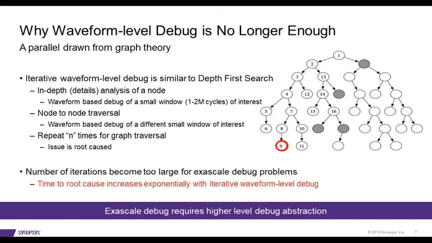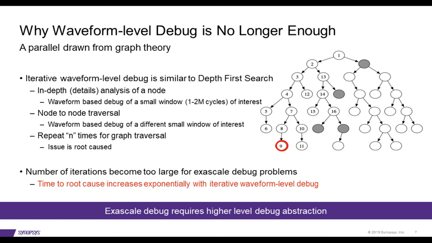So let's look at this problem from a totally different angle. As I was describing on the previous slide, we are trying to debug a problem in exascale space, which is pretty much a search space problem, where you're trying to identify something within the search space, and so graph theory becomes a very good parallel to review debug strategies.